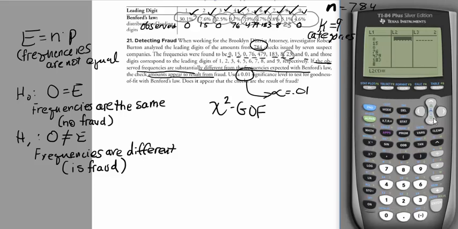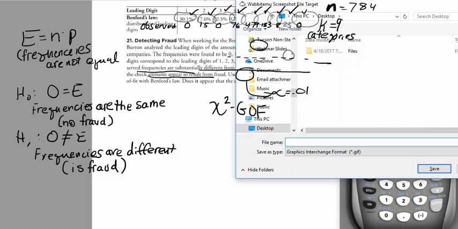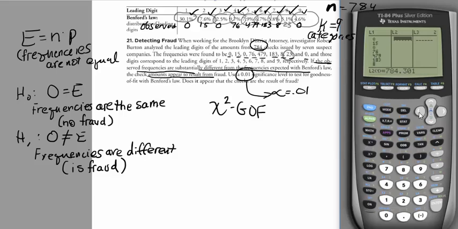Now, the expected frequencies, I'm not going to calculate by hand, but I'm going to see that they're all n times p. So n was 784, and then p was 30.1%. So times 0.301, 30.1%.